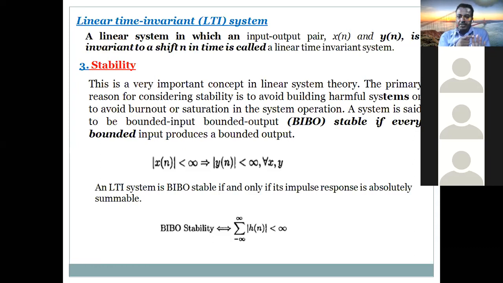This is how we check using MATLAB, or you can check it mathematically, whether the system is stable or not. But the definition is BIBO. For bounded input, if your system gives you bounded output, it is a stable system.